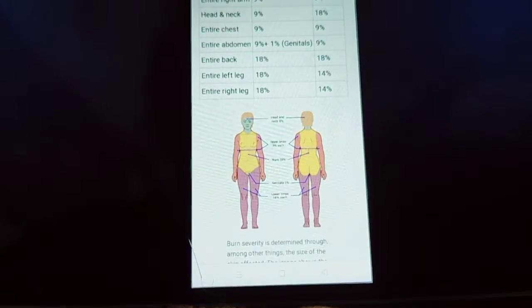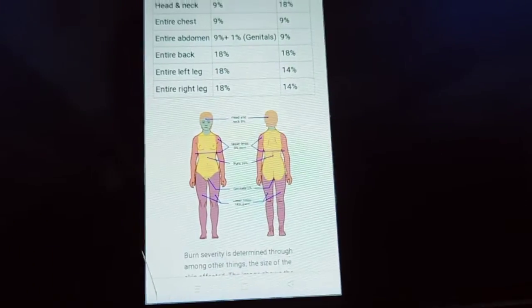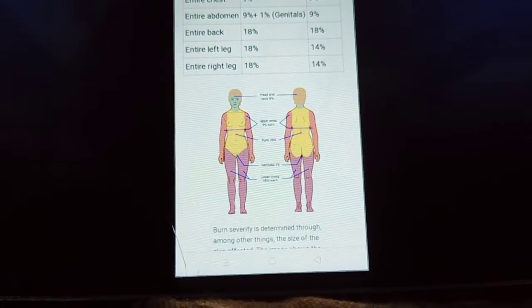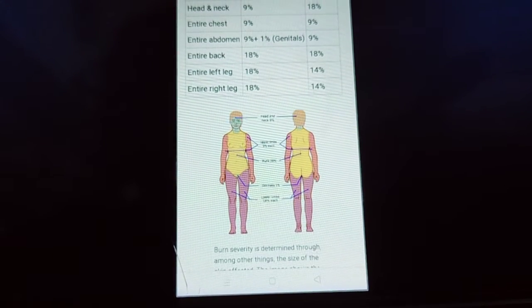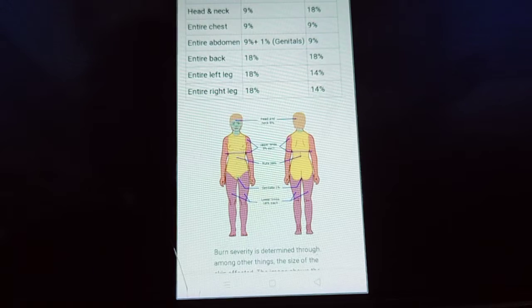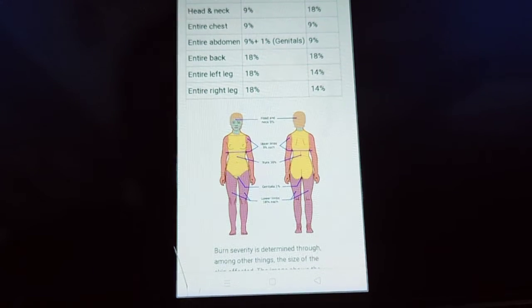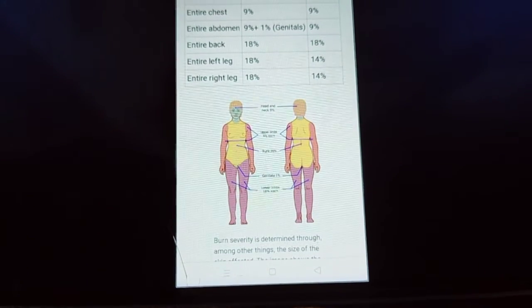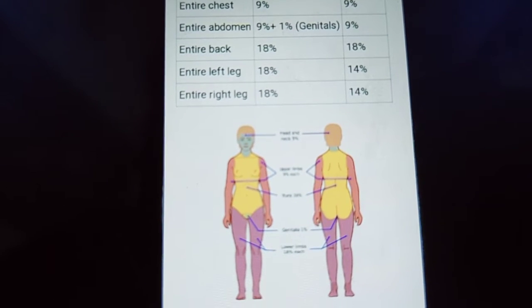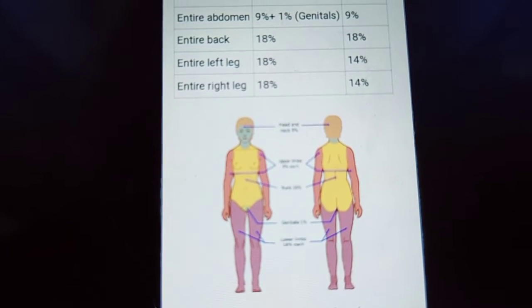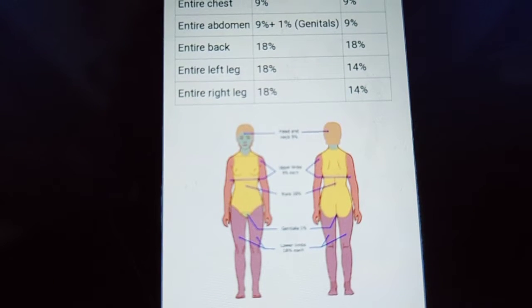In the rule of nines, the estimation of the burn surface area is based on assigning percentages to different body areas. As you can see here, the entire head is 9%.